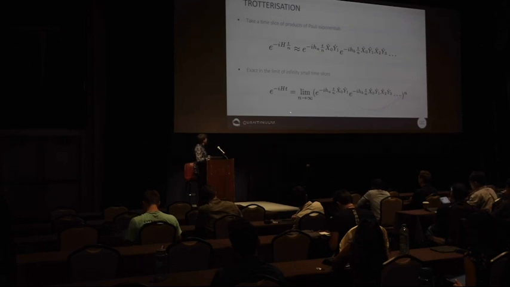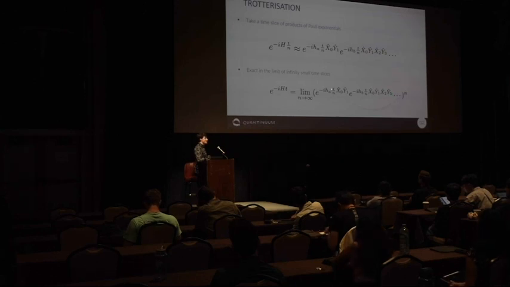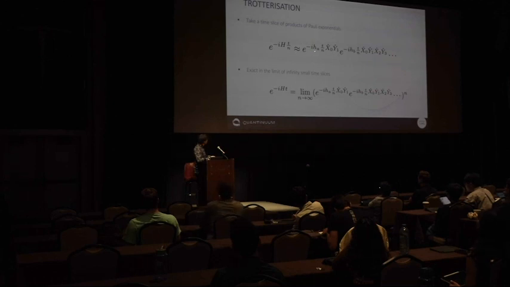It's been shown that in the limit of infinitely small slices for a given time, so as n goes to infinity, this exactly replicates the time evolution operator. You can see here that the interaction coefficients H_A are multiplied by t over n.